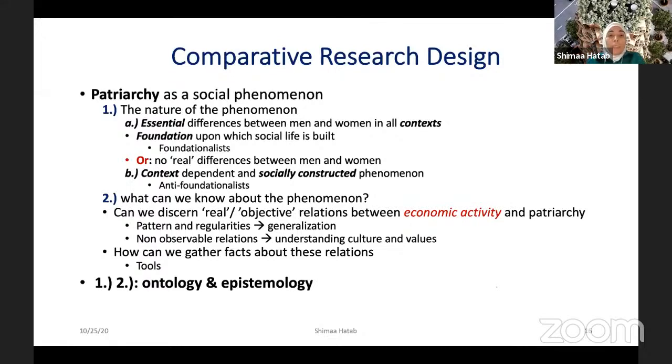So before you do your research, you might have some ideas floating around in your head. So first of all, I want to know if you really believe that there are essential or real differences between men and women in all contexts and at all times, irrespective of the time period, or developing countries or developed countries.